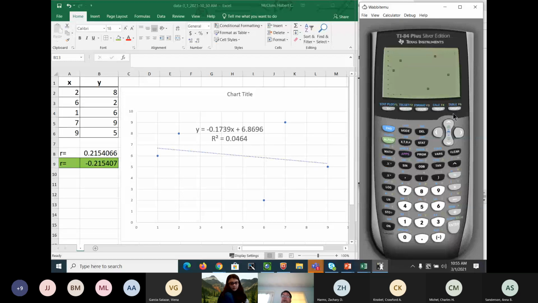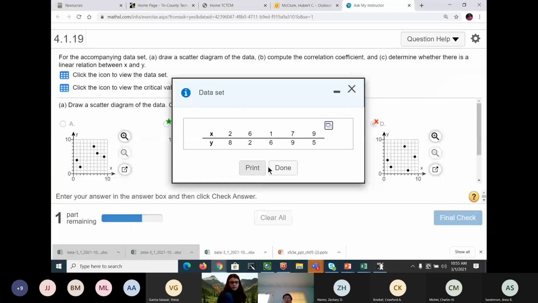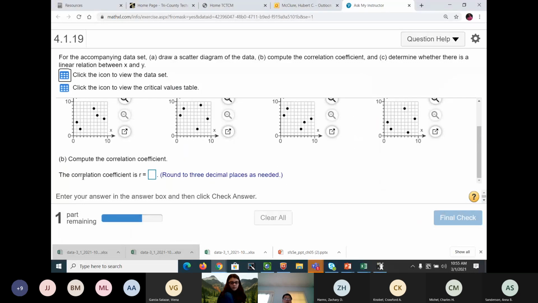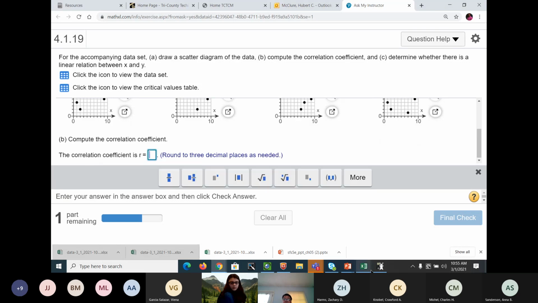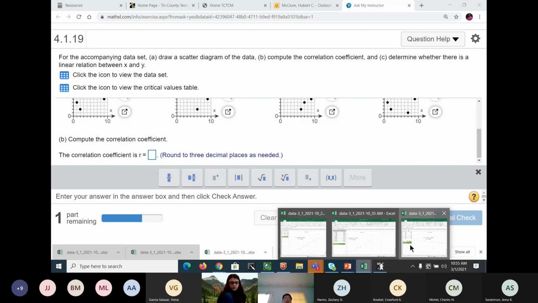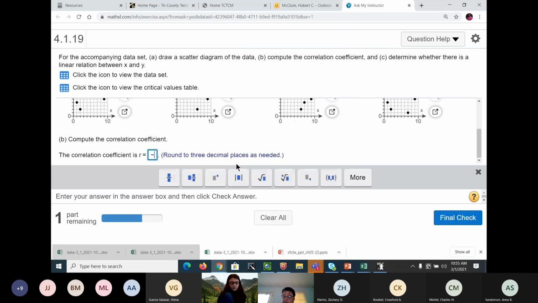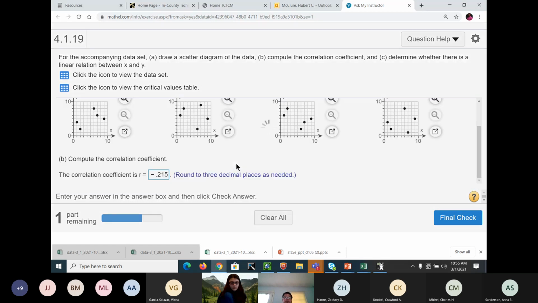And graph. And there it goes. And then you match that up with the calculator. I meant the question. Done. And looks like that. And the correlation coefficient around three places is negative 0.215. And we feel good about ourselves.